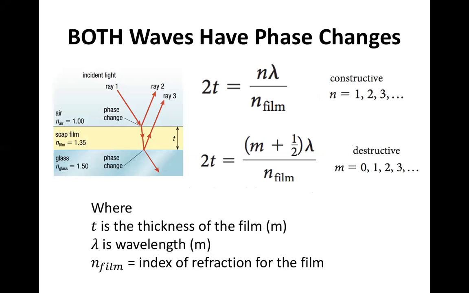I just want to go back to point out there might be a confusion because you see two N variables, but the one in the numerator is that whole number integer that is giving you the first thickness, where let's say red light will be constructive, and then the second thickness that will work for red light, and then the third.